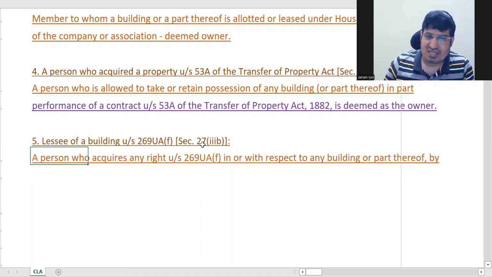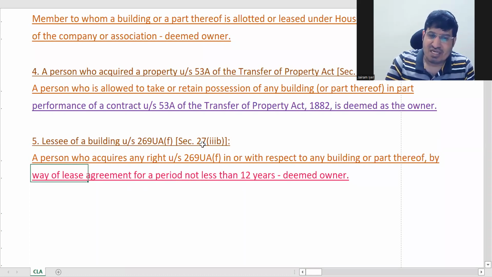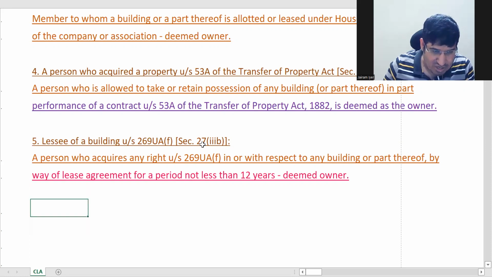A person who acquires any right under section 269UA clause (f), in or with respect to a building or part thereof by way of a lease agreement for a period of not less than 12 years. In a lease agreement of 12 years or more, you will be deemed owner. You will be liable to house property tax. This is what this point says.